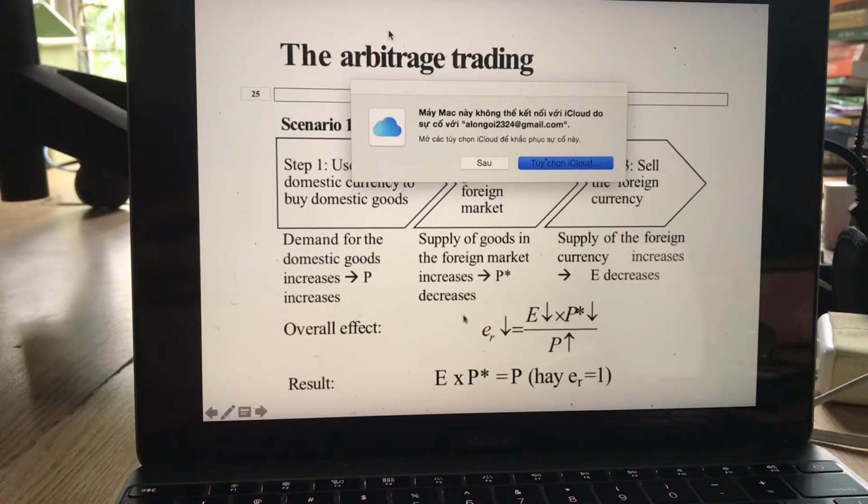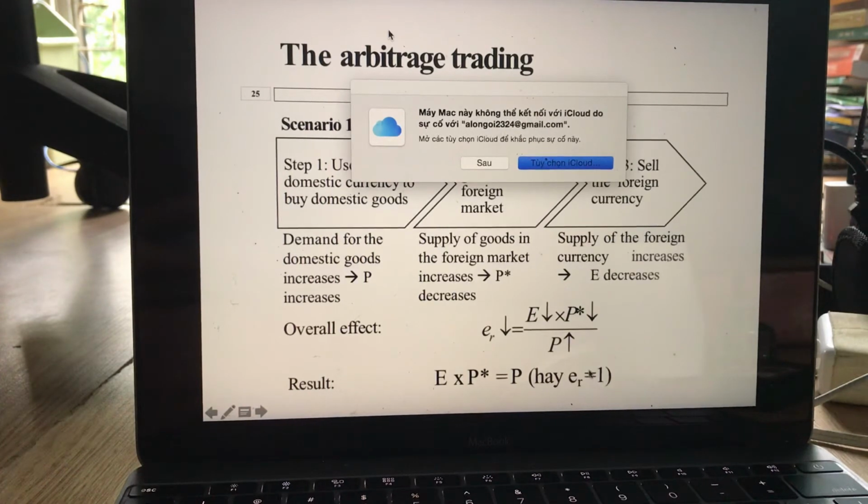And here it links to the concept of the real exchange rate. If we remember, the formula to compute the real exchange rate, with a small subscript r, is ER equal to E multiplied by P star divided by P. And because of the PPP, we have EP star equal to P. In other words, ER equals 1.